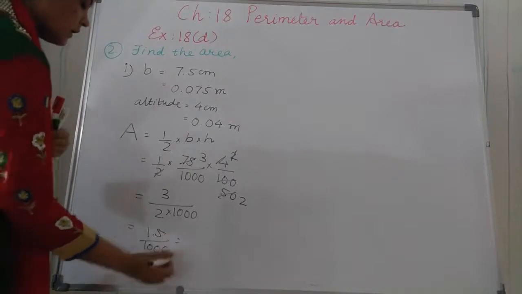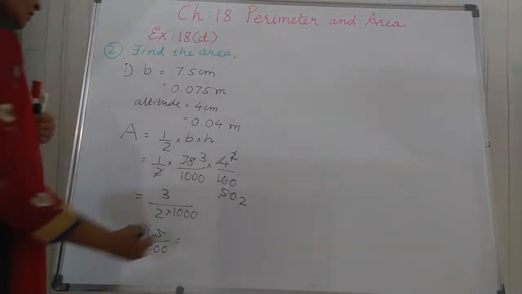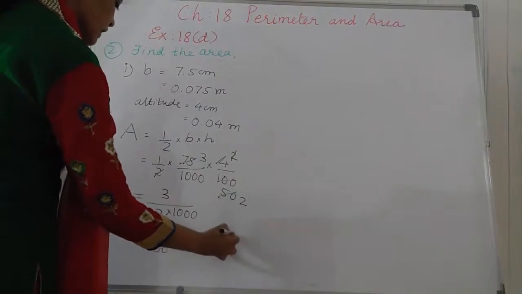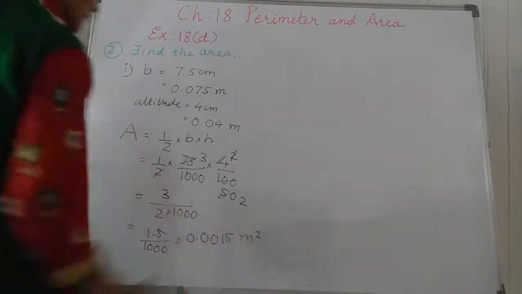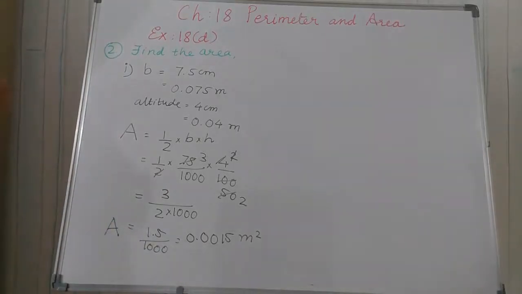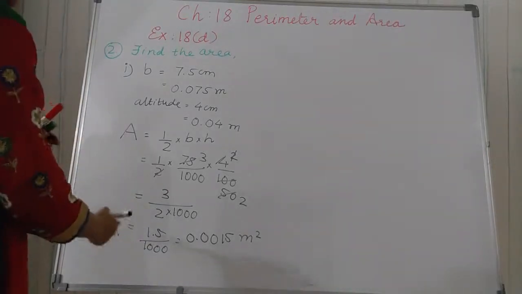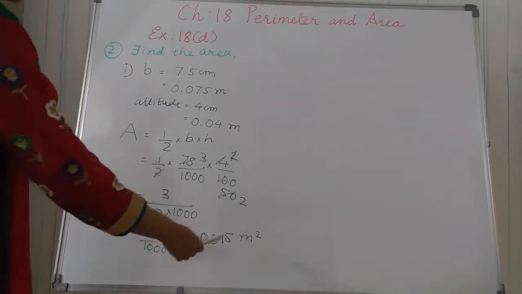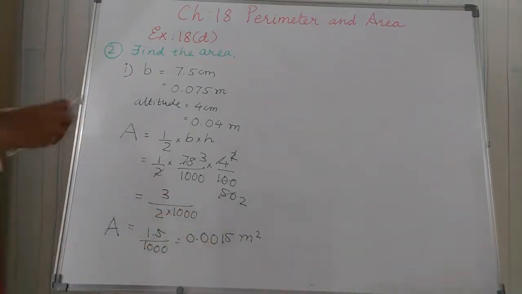So we get 0.0015 meter square as our area. Right? You can check, students. From here, if you move 3 places, then 0.0015 meter square.